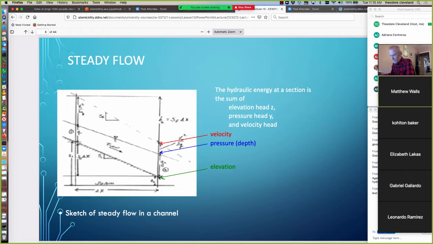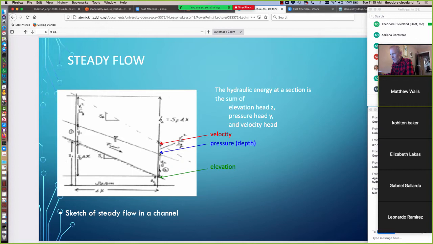At the water-solid interface, where the water contacts the bottom of the channel, the height of that above some datum is the elevation. I've labeled it in green here. And over at cross section 1, this point where the cursor is, let me move it a little bit so it gets captured by the video. That point where the cursor is, the elevation of the bottom of cross section 1, is Z subscript 1 in this case.